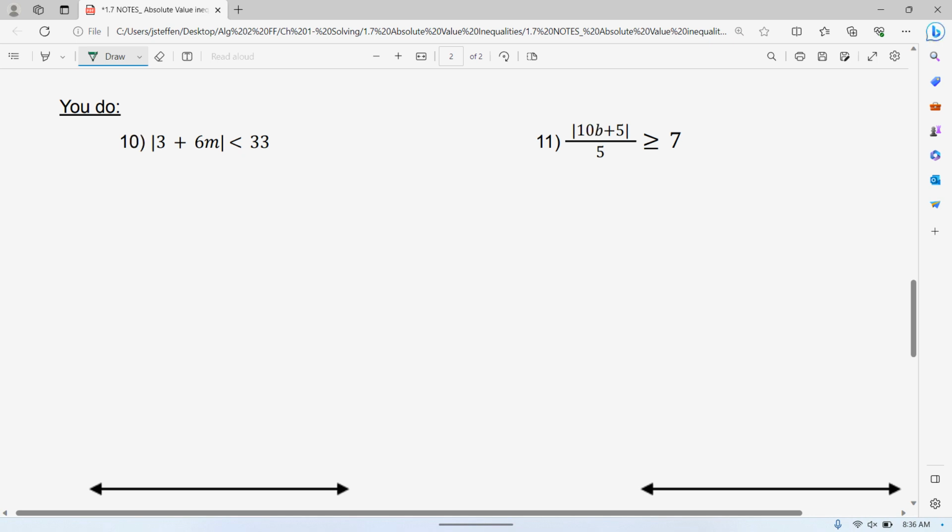But I'll go a little bit quickly because you guys should have at least this first one down, most of the second one. But we have a little bit of time. So that's great. So we just split that into two. Right. Plus 6m is less than 33, and plus 6m is greater than or equal to negative 33.